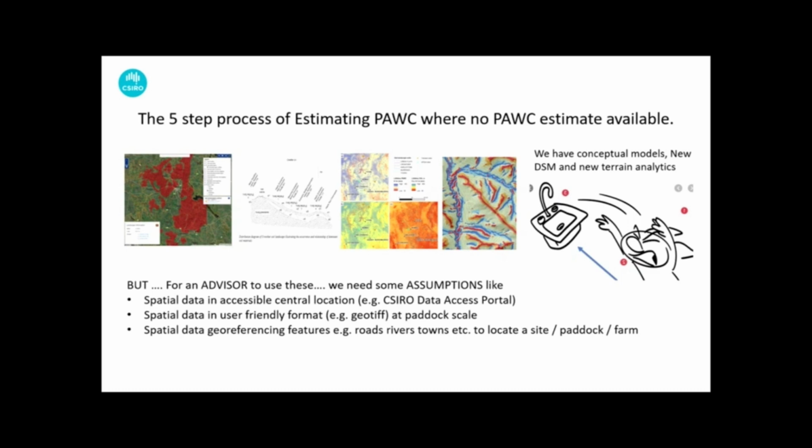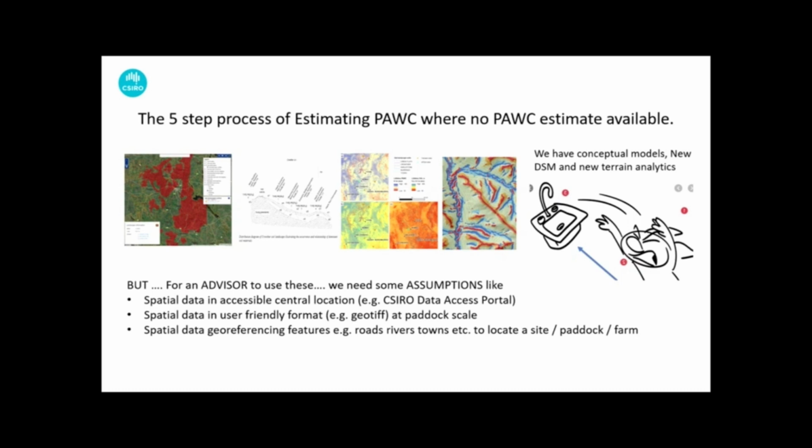I've got this thing here because we really did throw the kitchen sink at the Hardin Young area. We used absolutely everything we could get our hands on to come up with these results. We even generated some digital soil mapping estimates of available water capacity and plant available water capacity to be used in this process, and they're available for all of the northern cropping zone, not just Hardin Young.